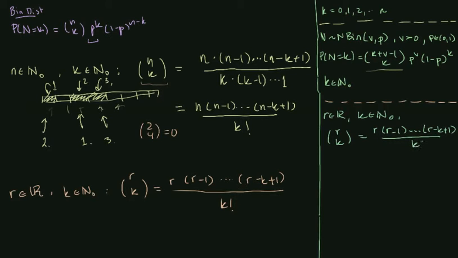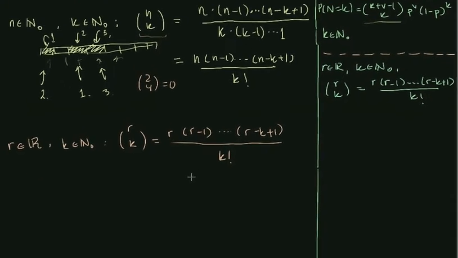So there are k terms in the numerator, and then I divide by k factorial. The funny thing is that this can also be used inside the binomial theorem.